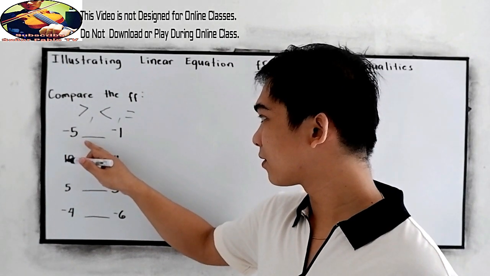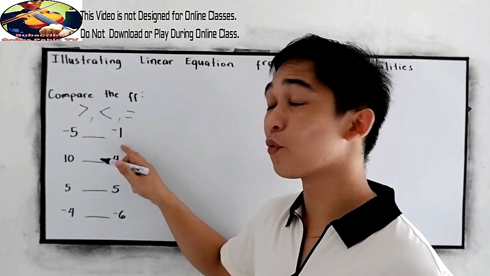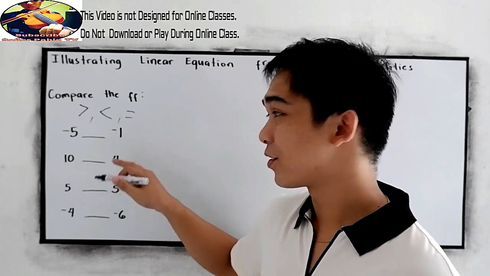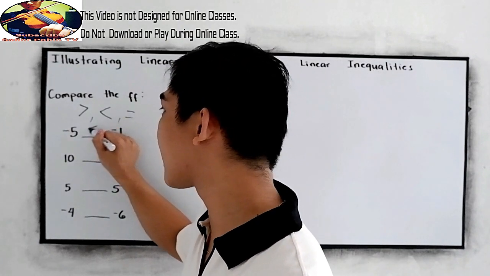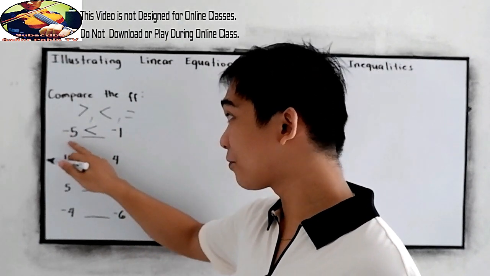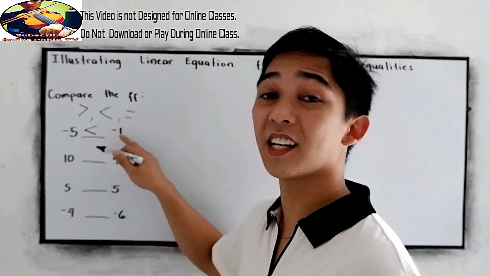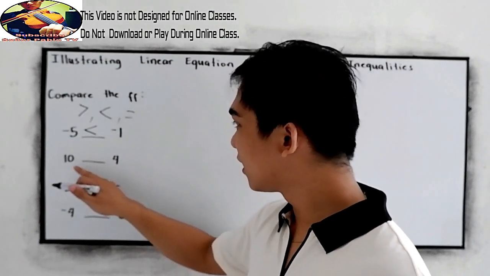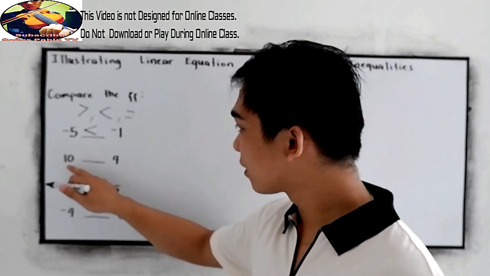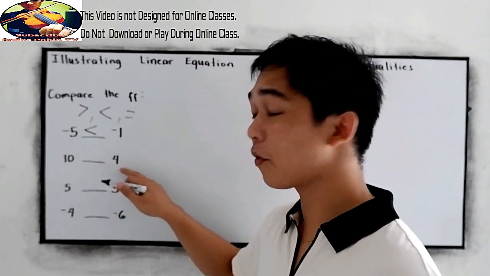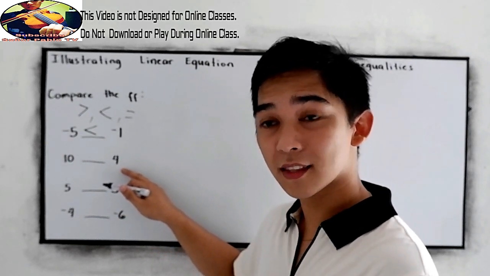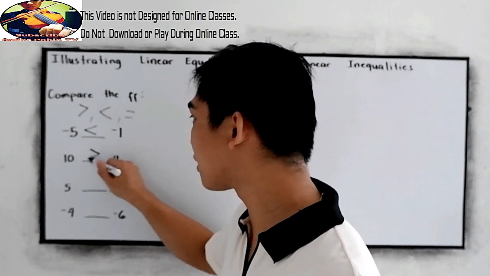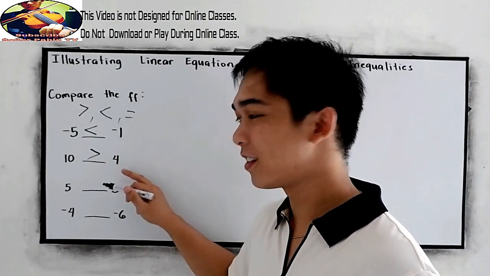Negative 5 compared to negative 1. We're going to use the less than symbol. Negative 5 is less than negative 1. Number 2, 10 compared to 4. We know that 10 is greater than 4.